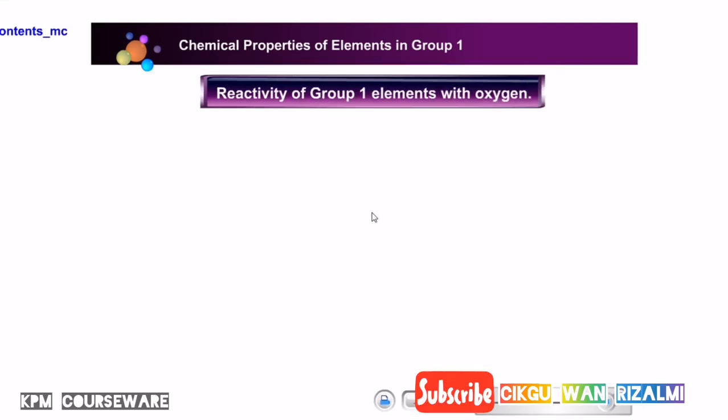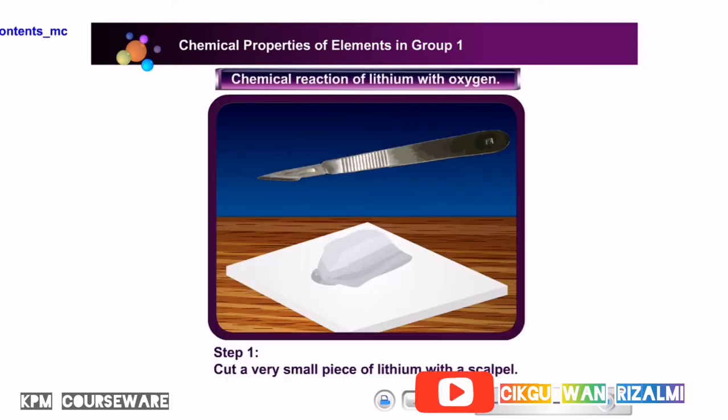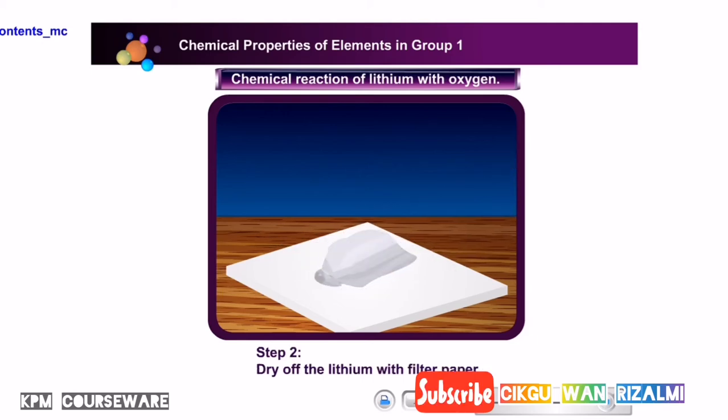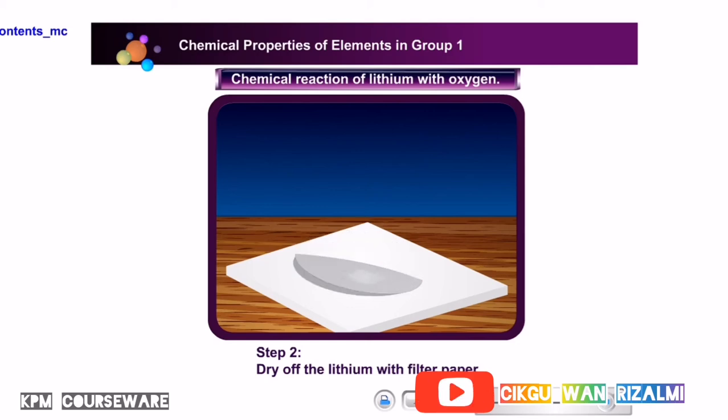Let us now do the first experiment to show reactivity of lithium, sodium and potassium with oxygen. Print the table provided to write your observation during the experiment. Cut a very small piece of lithium with a knife, then dry it with filter paper.